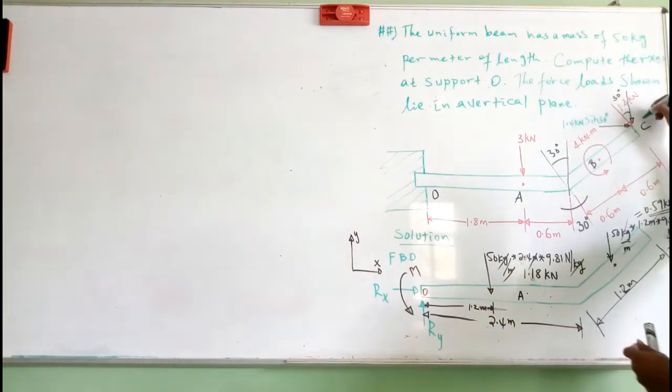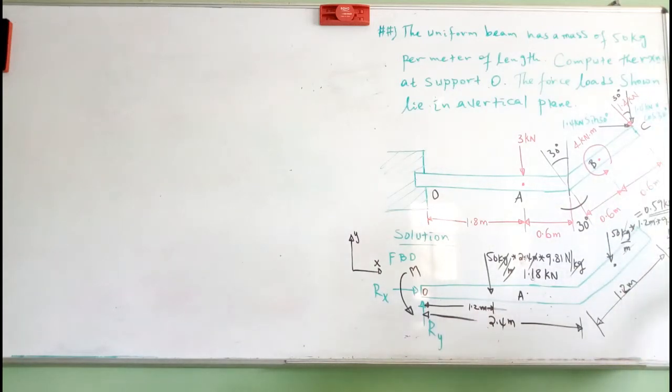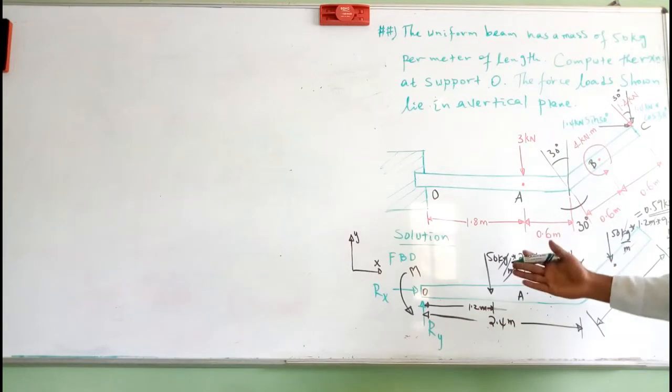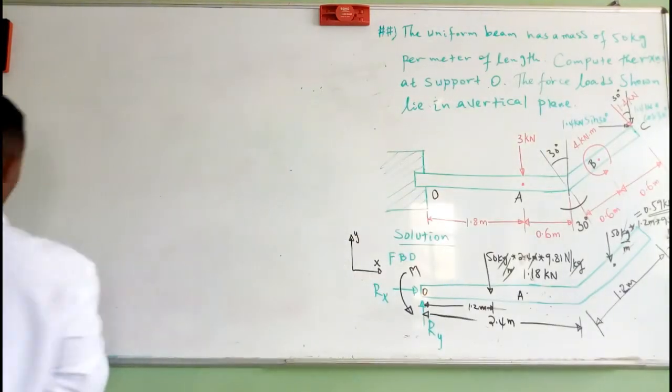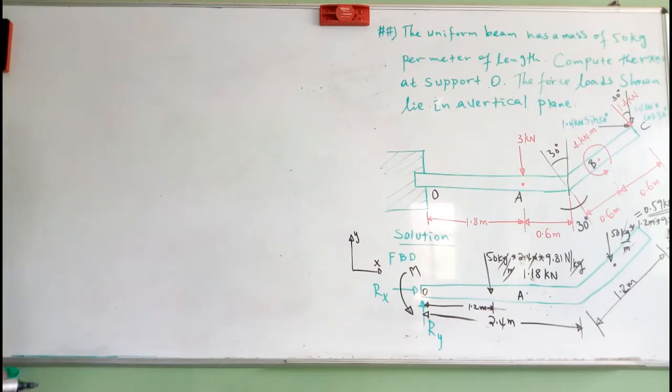And along y direction becomes 1.4 kilonewton times cos 30 degrees. So the horizontal force becomes only this one. We don't have any other horizontal force here. Only we have 1.4 kilonewton. So using the equilibrium condition, we can solve for Rx.